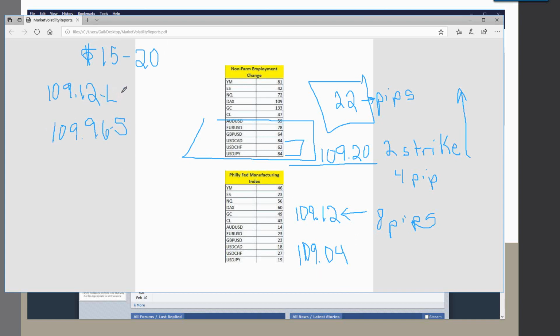Could I get both of these for less than $40? If the answer is yes, they're always out of the money if you're spending $20. If my risk is less than $40, I'm probably going to take both sides.